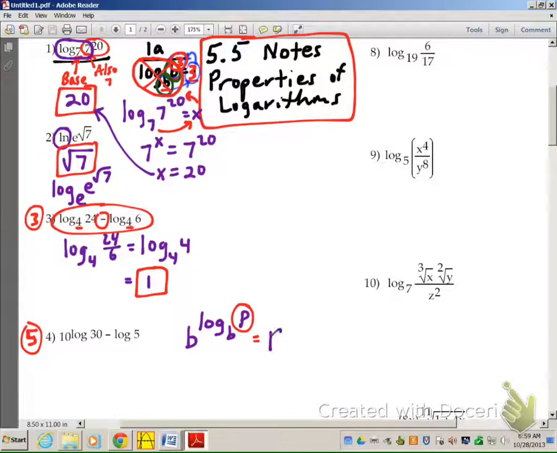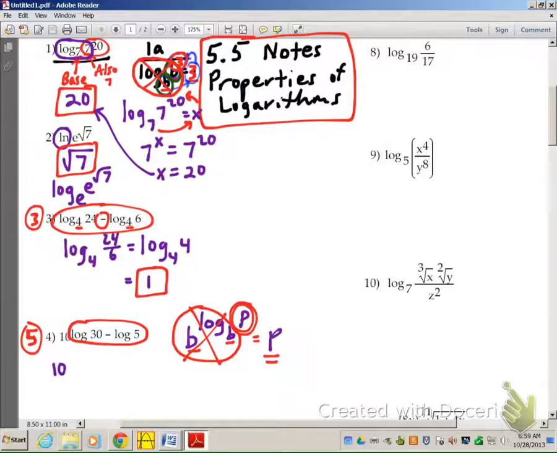It's just that number. So the base raised to a log, when these two bases are the same, then these cancel each other out. Raising a base to the log of the same base basically undoes what's being done to the argument, and so you just get the argument. Well, how does that relate to this? First thing we should note is that we have the difference of two logs, and so we want to simplify that first before we do anything.